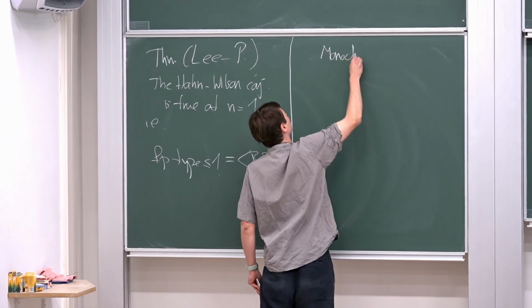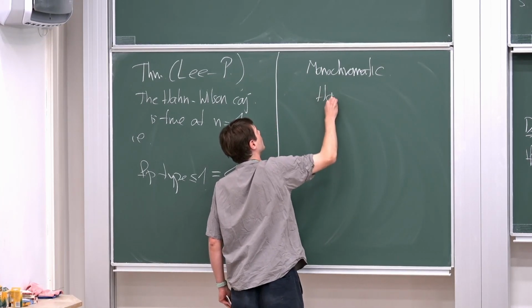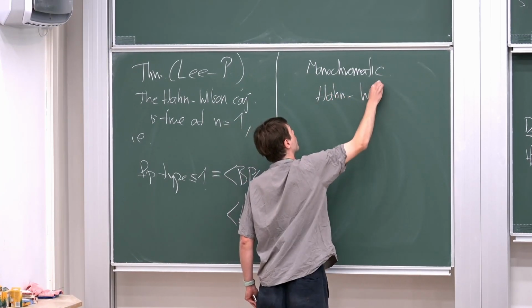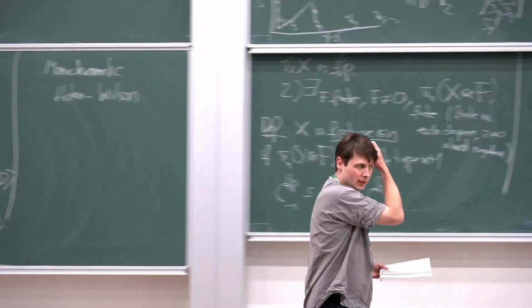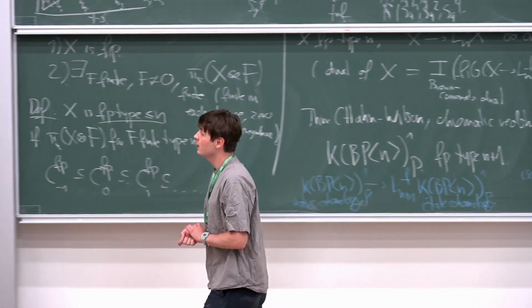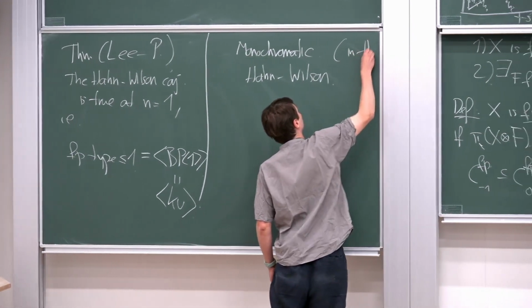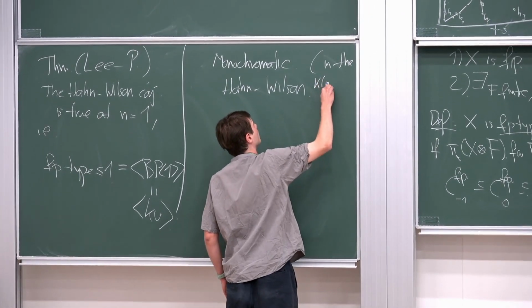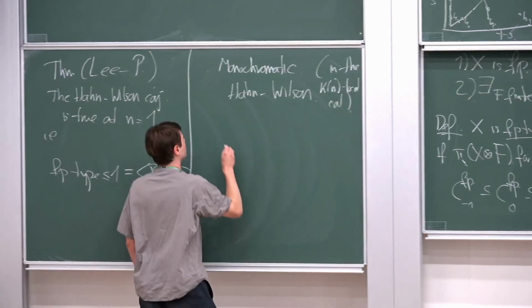So this is the monochromatic story, Hahn-Wilson. We wanted first to define what is a natural analog of spectra of FP type in the K(n)-local category. So this is all going to be in the K(n)-local category. So here's the definition.